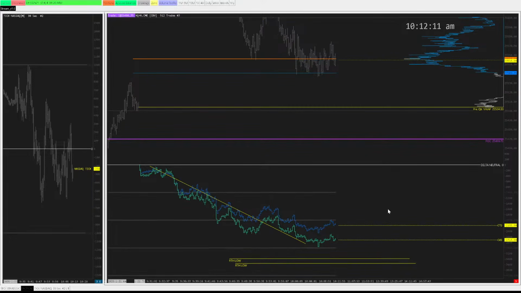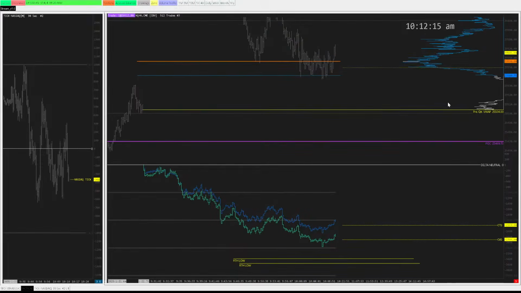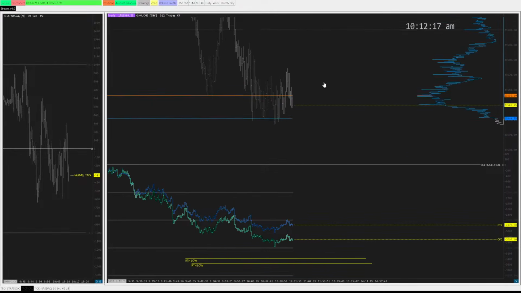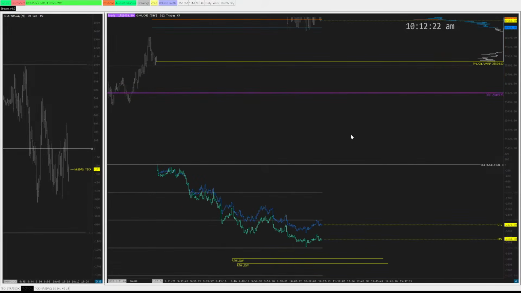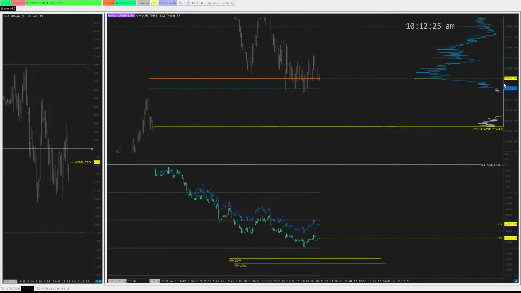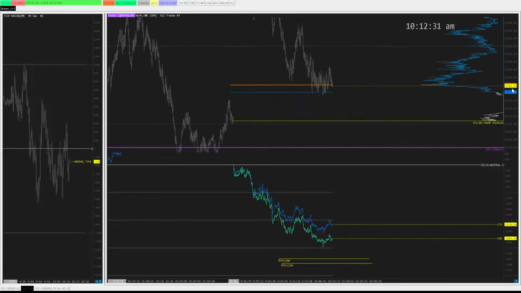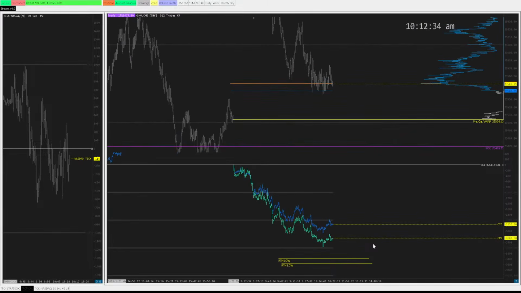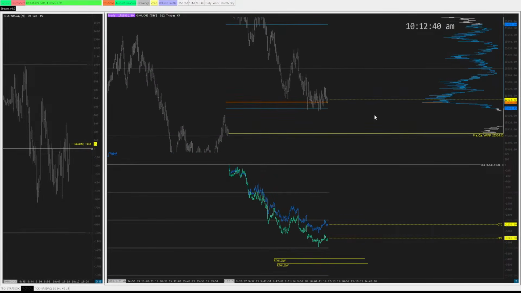I had all the fancy things, looking at all the unfinished auctions and all the imbalances, POCs of each leg and price, all of that stuff. And I've just realized that I don't need it. I just need to wait and see when the flow changes and start to build a position based on that.